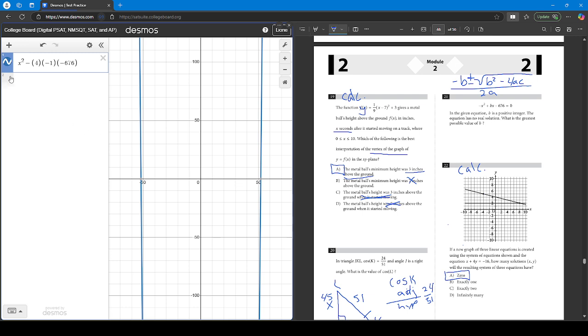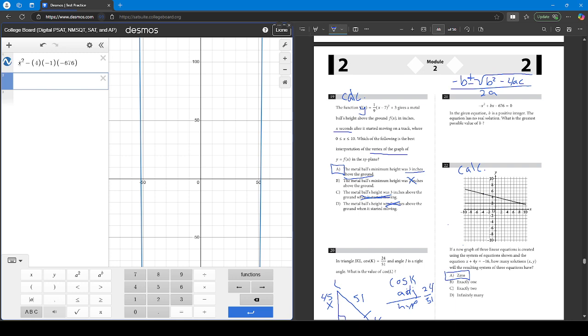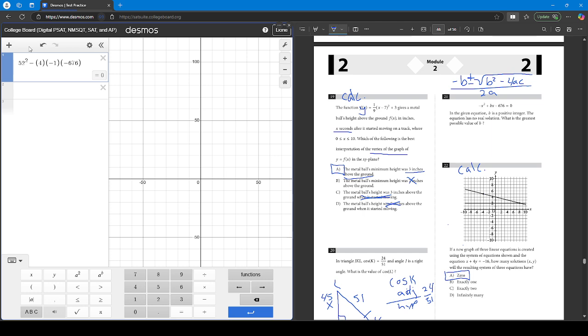So if I try to put in 52 here, I get 0. If I try to put in 53, I get a positive number. If I put in 51, negative number. So that is the greatest value I can put in for b and get no solution to that equation. So the answer is 51.